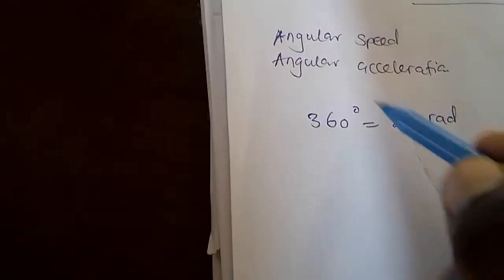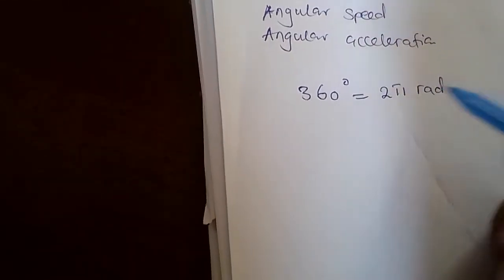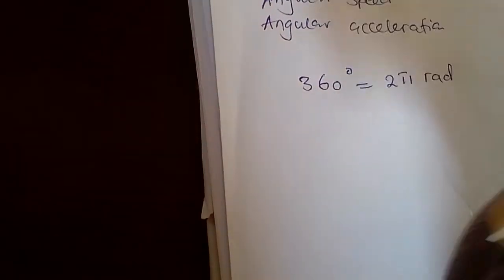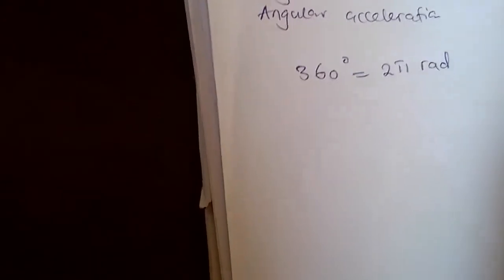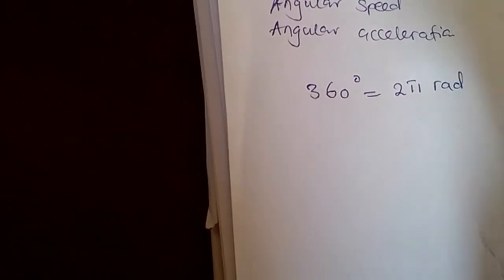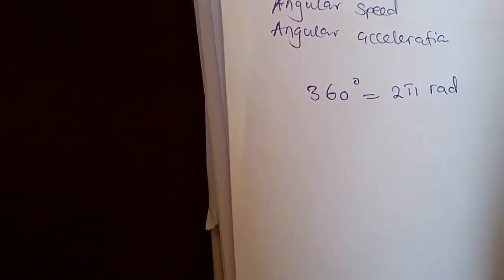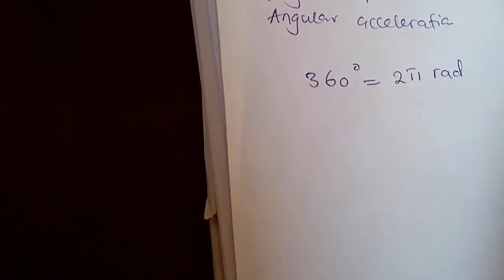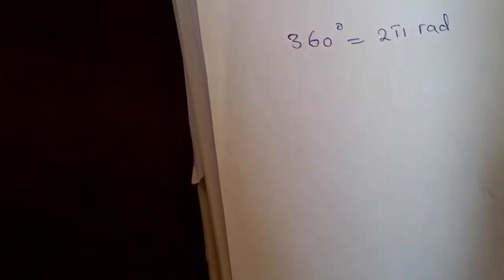Now, if 360 degrees is equal to 2 pi radians, we can convert from one unit to the other. Let's take, for instance, I want to convert from degrees to radians. How do I go about it? Or if I want to convert the angles from radians to degrees, how will I go about it?